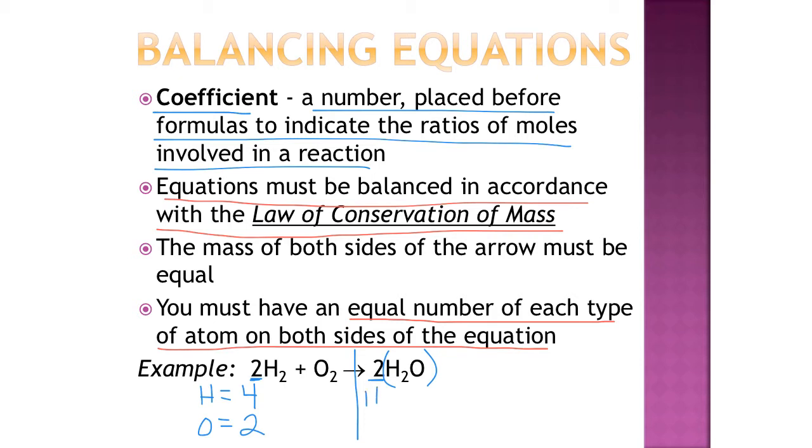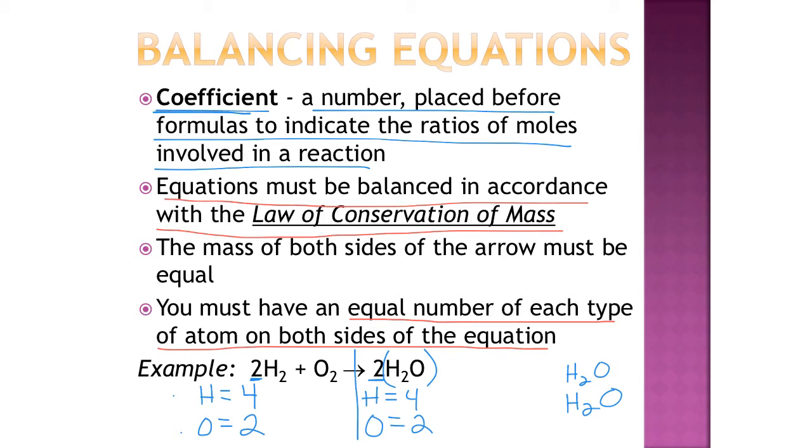So that gives us 4 H's, 2 times 2, and that gives us 2 oxygens. So that 2 will distribute through, or you can think of it that you literally have 2 waters. So that would give us 4 H's, 2 O's. So this equation is already balanced because we have 4 H's on either side, 2 O's on either side.